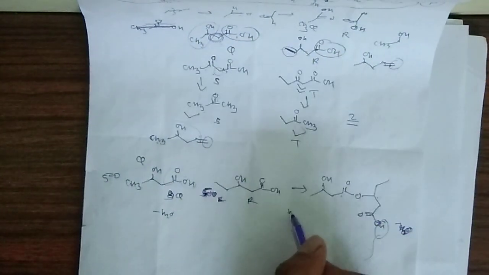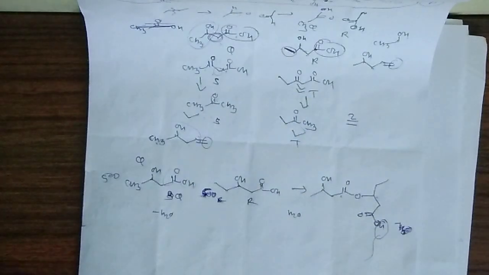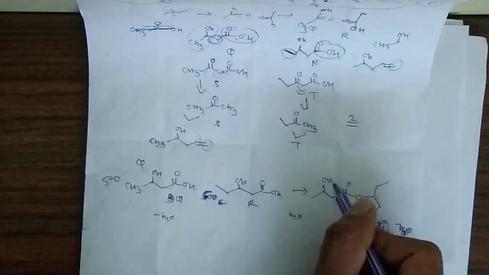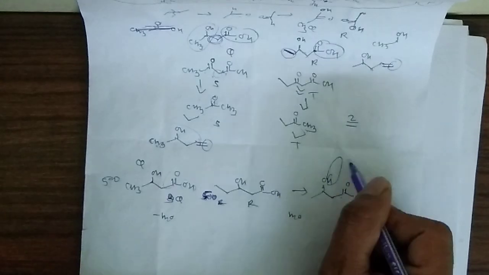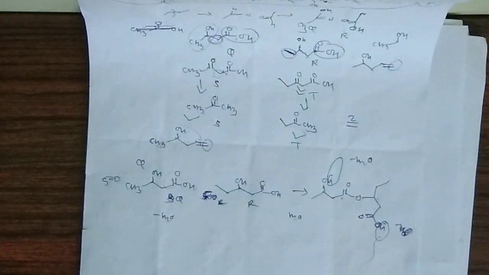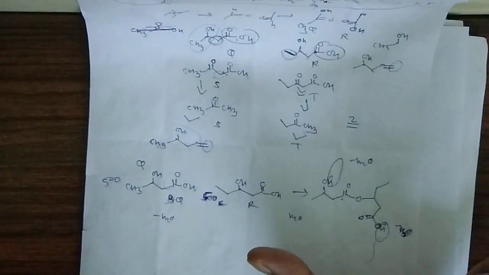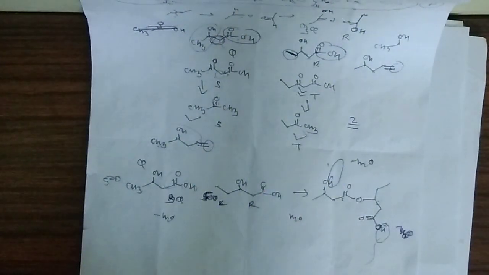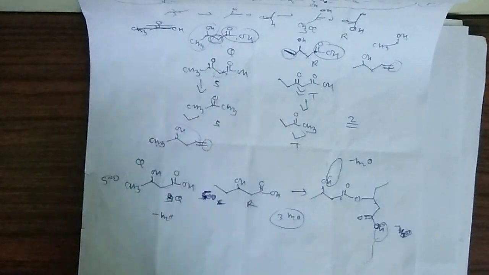From 3 molecules, 2 water molecules. Again here one OH is there, and R will come, react with that, and one water molecule leaves. Now total molecules become 1, 2, 3, 4, and 3 H2O molecules are removed.